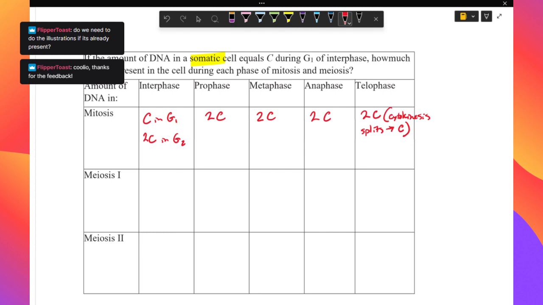All right, meiosis 1. Same deal. You're going to have 1C in G1, and double that in G2. Similar story for meiosis 1. I'm just going to say here C times 2 cells.